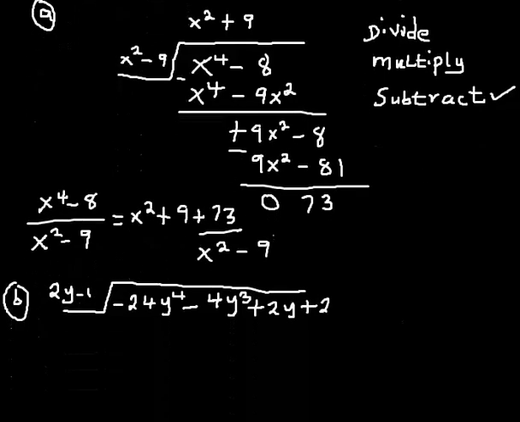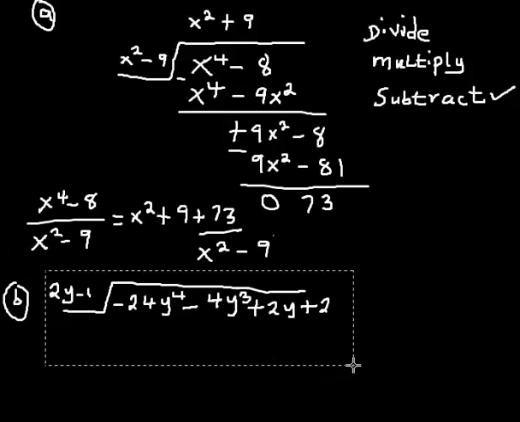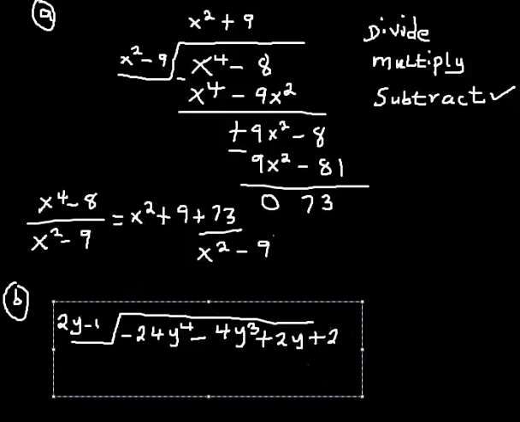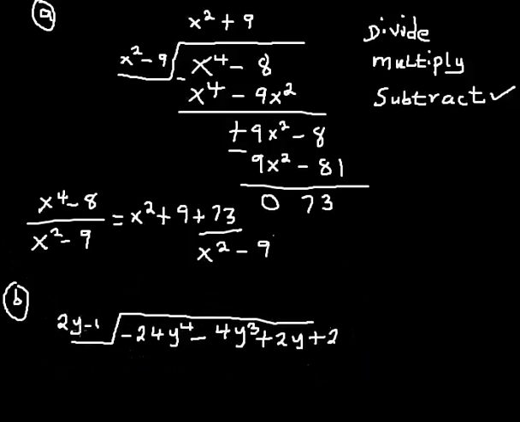Now let's start our division. Don't forget our sequence: divide, multiply, and subtract. So minus 24y raised to the power 4 divided by 2y is going to be minus 12y raised to the power 3.